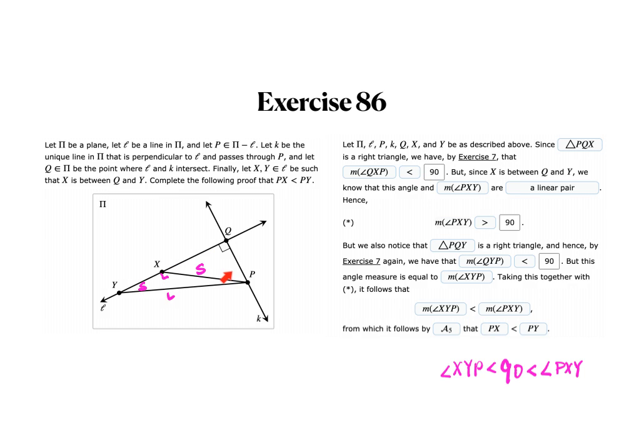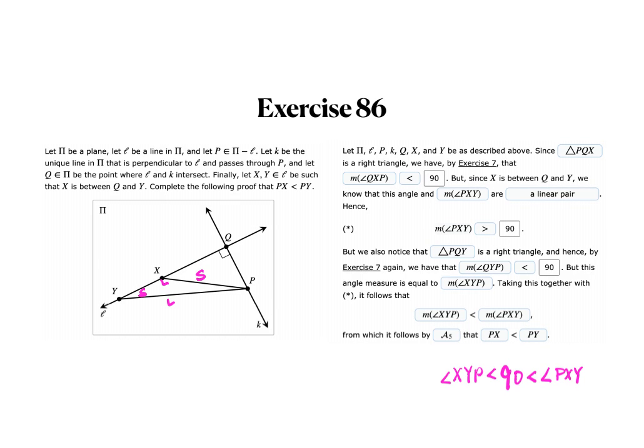Remember, both acute angles in a right triangle are smaller than the 90-degree angle. But since PXY and QXP are a linear pair, we know that angle PXY here has to be greater than 90 degrees.